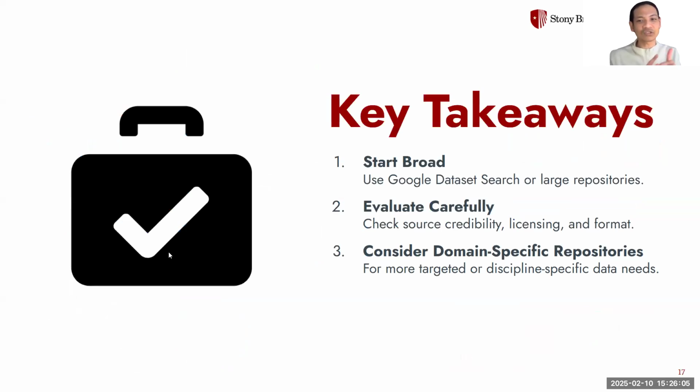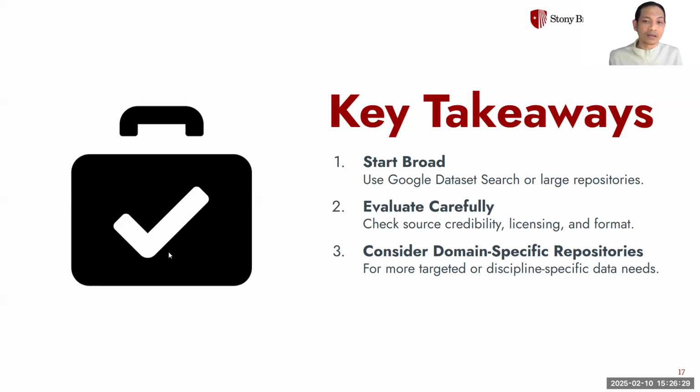Use general search tools like Google Dataset Search to get an overview of available open data sources for your project. Then make sure to evaluate the data carefully: verify the source credibility, licensing terms, and the data format to ensure the data set meets your project requirements and needs.